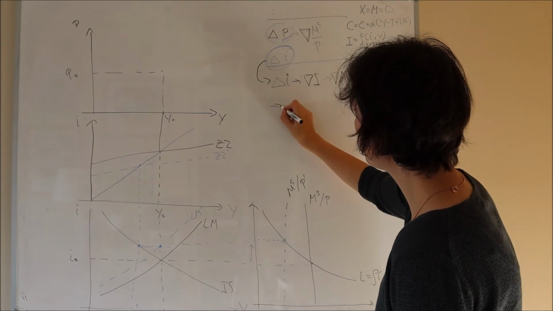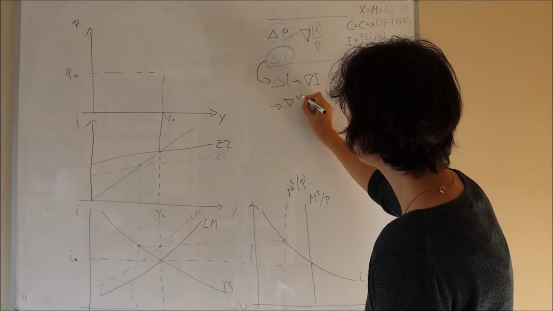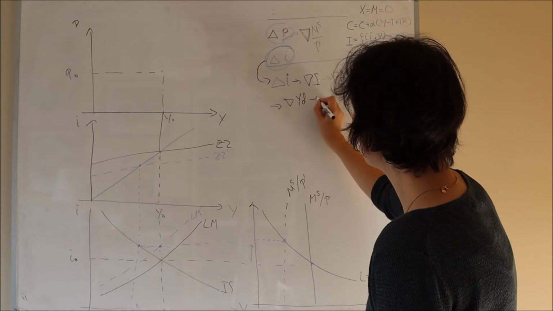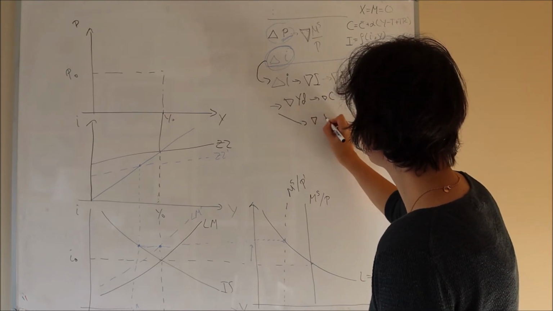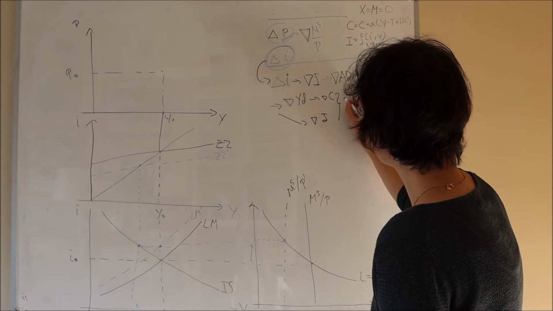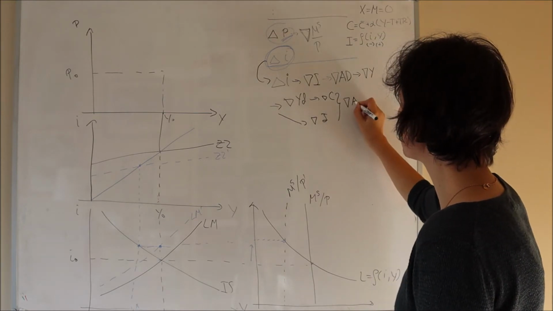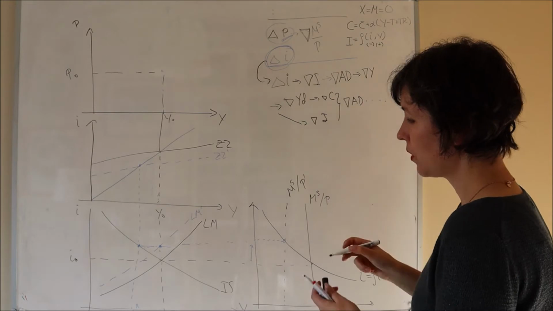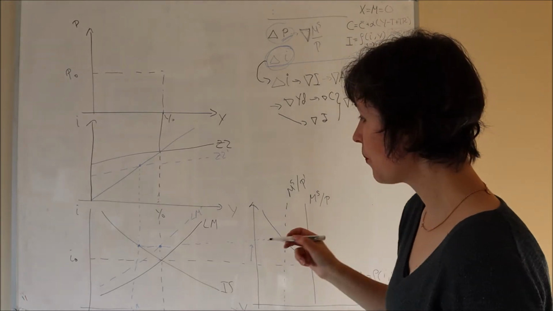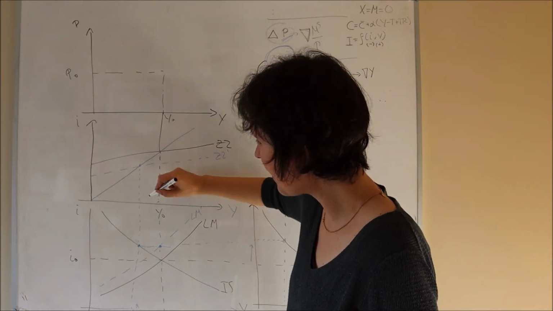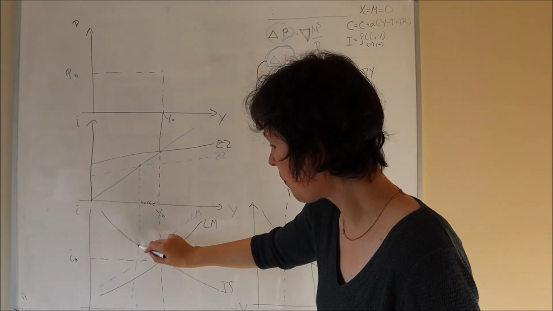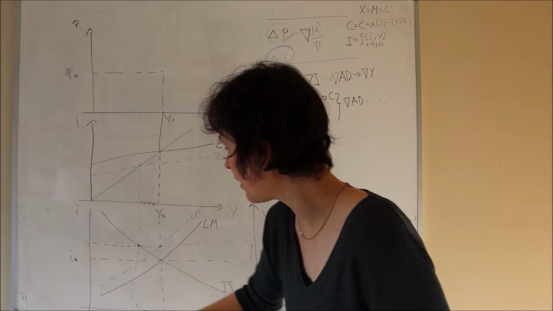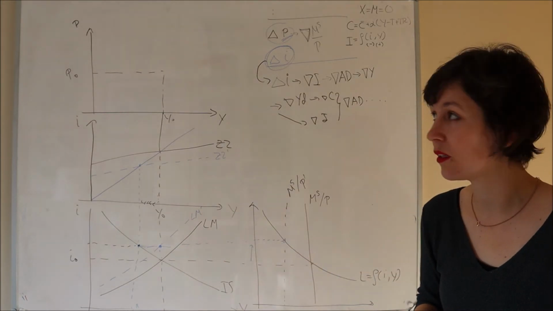Less production means less disposable income, so less consumption, but also less investment, which means lower aggregate demand, and so on. So we should expect that the level of production is going to decrease, and that is in fact what we are observing, given this hypothetical new interest rate.